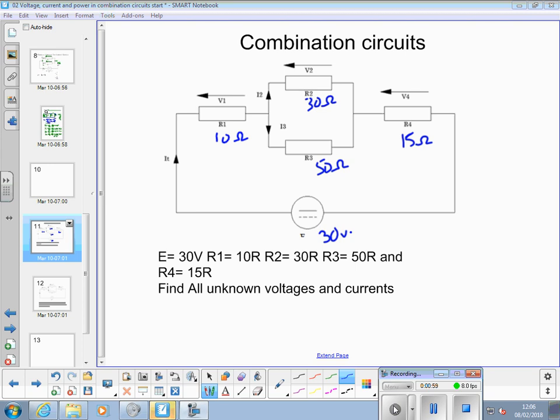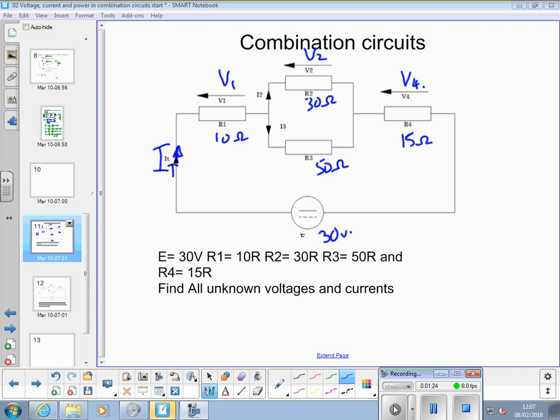Yep. So we've got current IT flowing there. We've got a volt drop V1 across there, V2 across the parallel, and V4 across the R4 resistor.